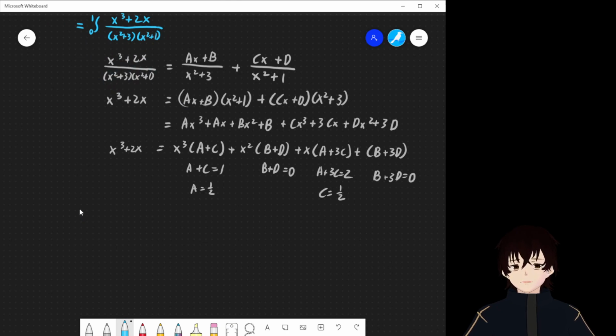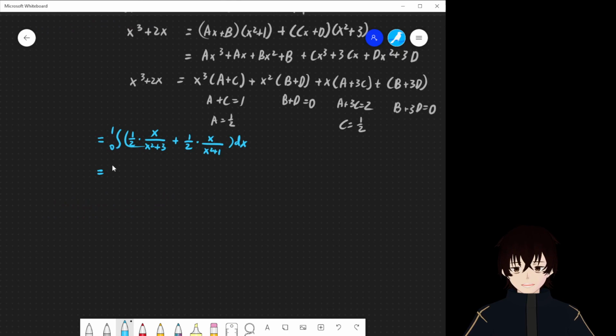Rewrite our integral. We go from 0 to 1 of 1 over 2 times x squared plus 3, plus 1 over 2, oops, 1 over 2x over x squared plus 3, plus 1 over 2x over x squared plus 1, dx.